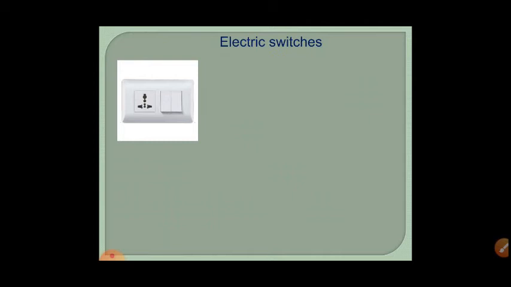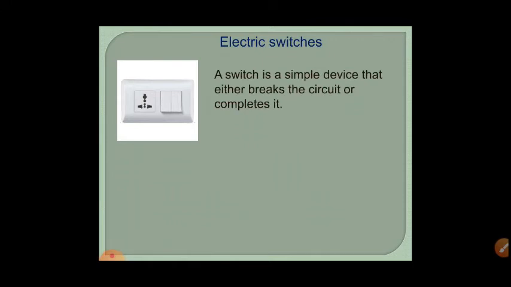The switch has two parts, on and off. When we switch on, it connects the circuit. That means it completes the circuit. But when we switch off, it breaks the circuit. That means when we complete the circuit, the bulb will glow, the fan will run, or whatever other activity we want will happen.